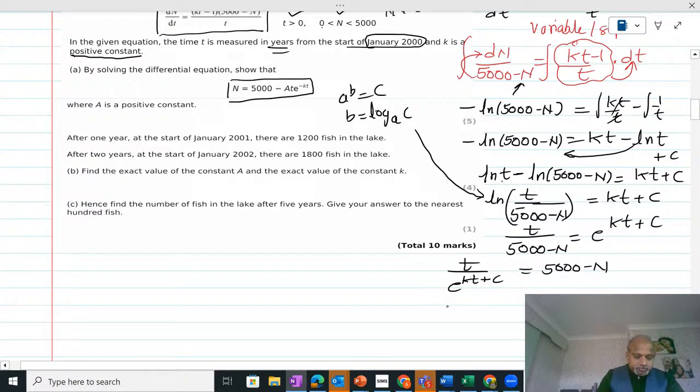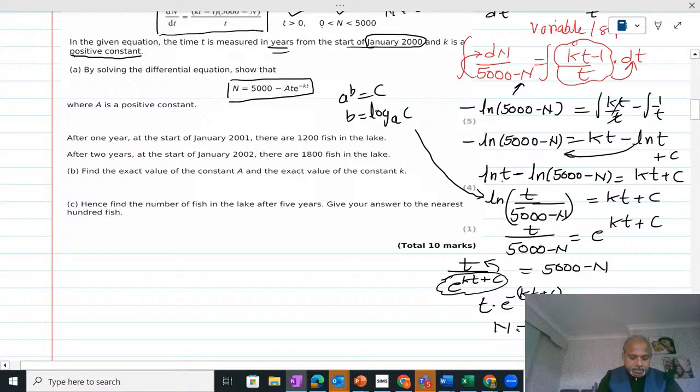Okay, so from here we can make n the subject. And this e to the power kt plus c, I'm taking in the numerator here. So it should be t times e to the power minus (kt plus c), with kt plus c in a bracket, and it is 5000 minus n. So n we can make the subject.